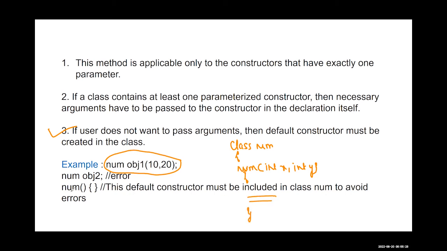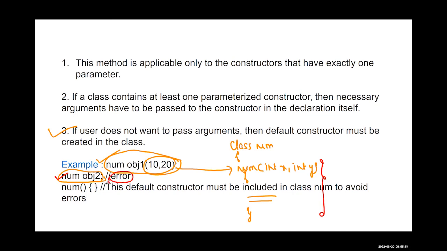Next, in the main function, I am calling this with the parameters I am passing. Obviously it will come over here, initialization happens. But in case I am calling a default constructor and I have not declared any default constructor in my code, for example, here I have only parameterized constructors, I do not have a default constructor, so that time it will be an error.